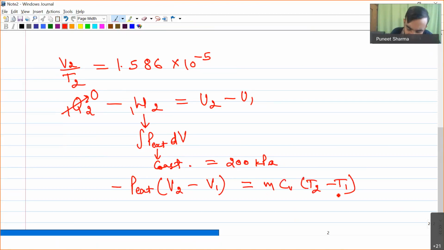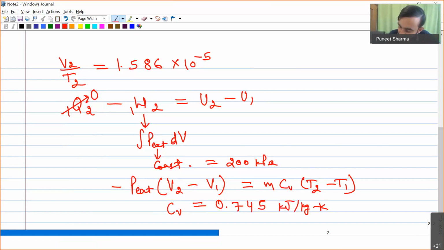Now for nitrogen, we know the value of Cv from our property table. The value of Cv for nitrogen is equal to 0.745 kilojoule per kg Kelvin.